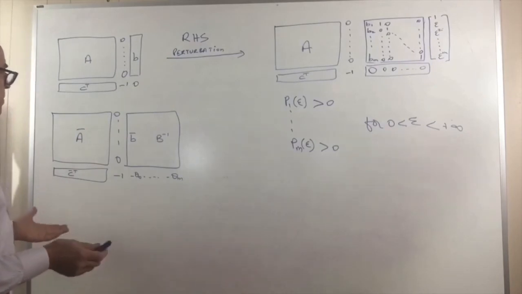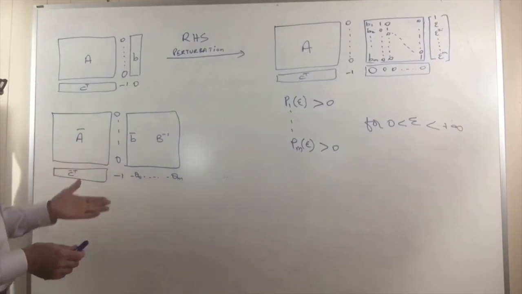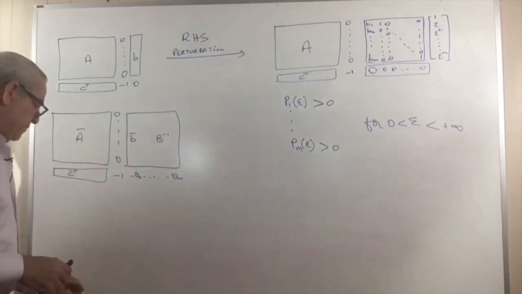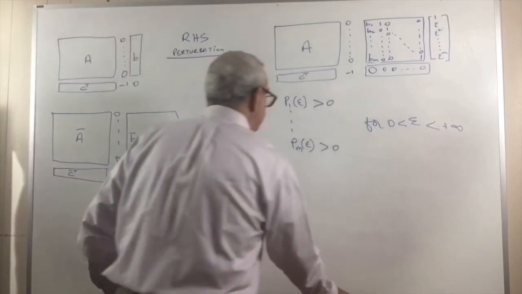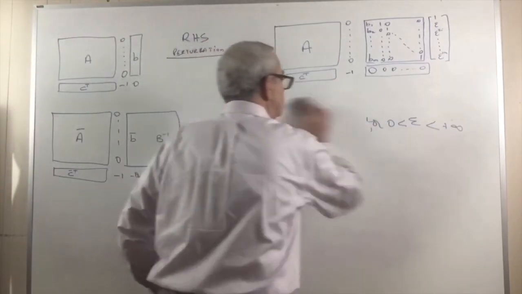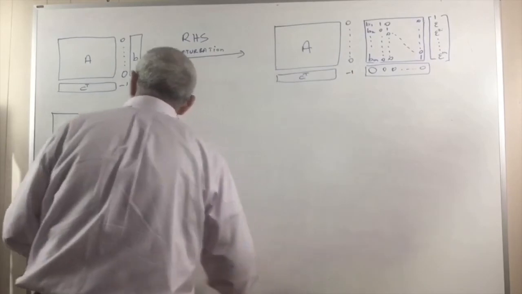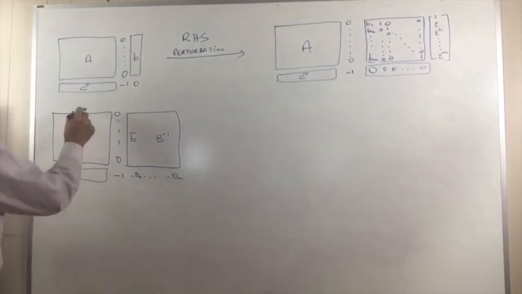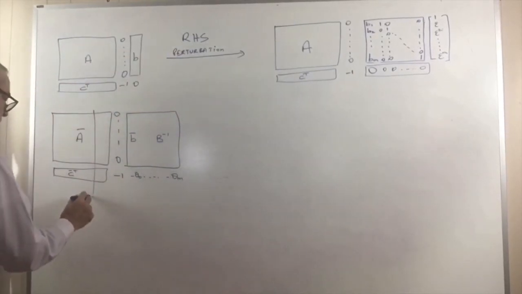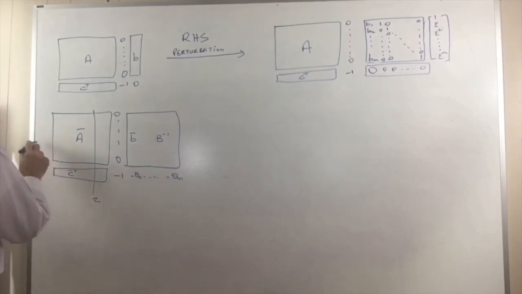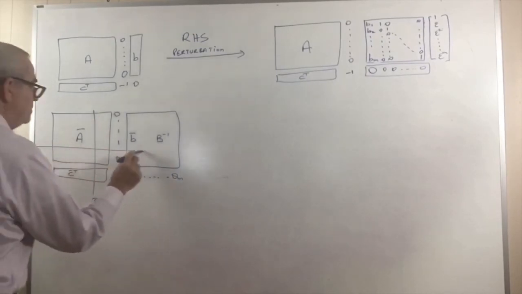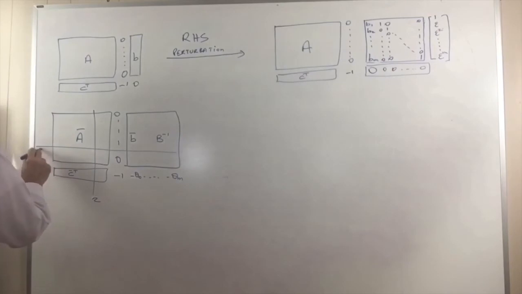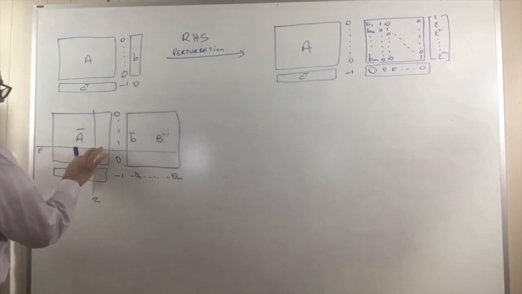How can we ensure that after I do the next pivot, that stays that way? What do we have to do? So let's say we want to pivot here, column R, and pivot row P. We're going to pivot on this element right here.